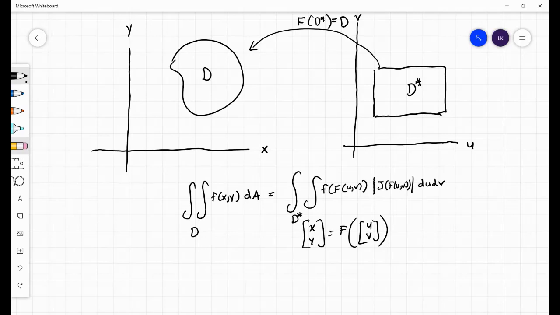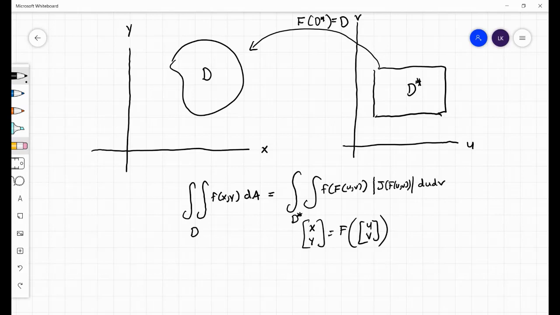So let's start with an illustrative example, I guess. Why you want to maybe do this? Remember that.